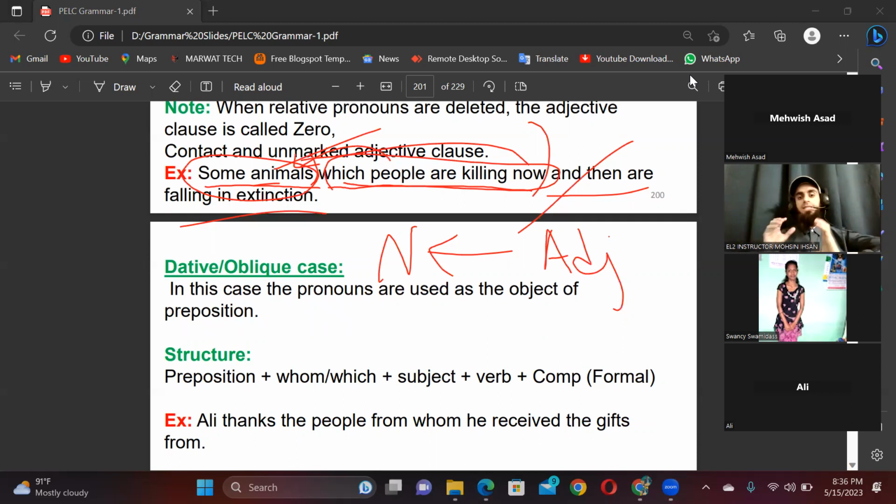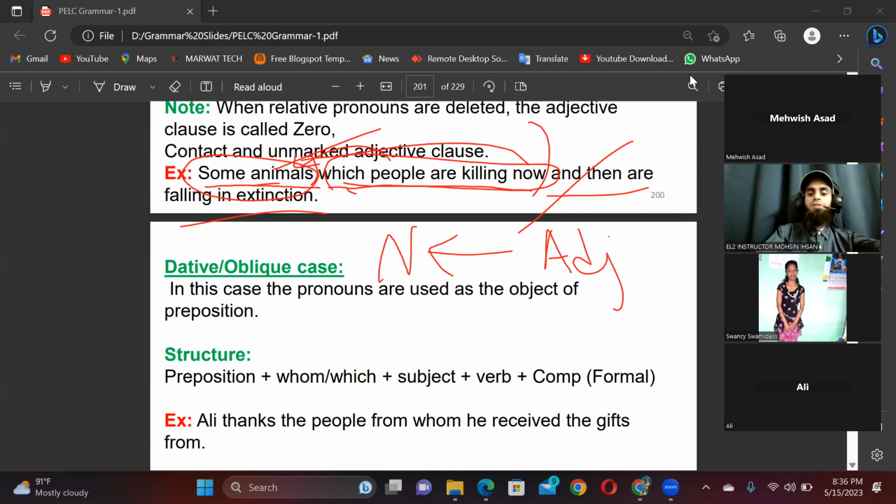If the sentence tells us something about the noun, we would call it an adjective clause. Why? Because an adjective modifies the noun, and an adjective clause also works like an adjective in the sentence, right?